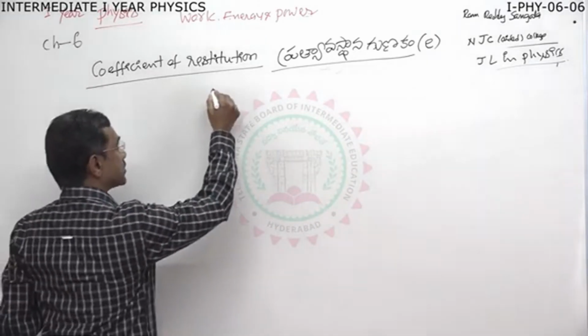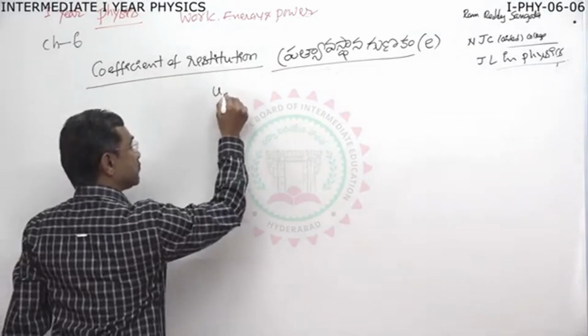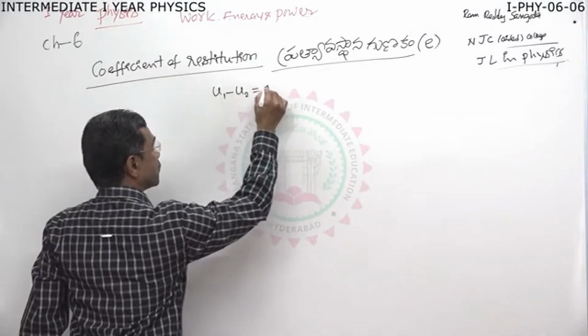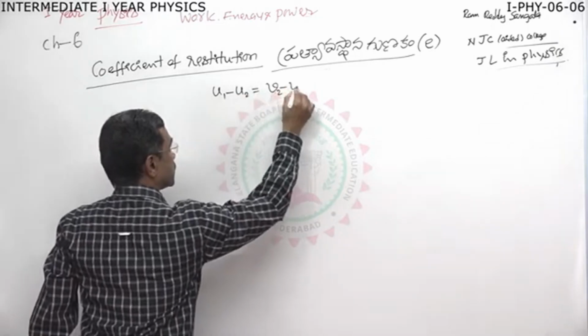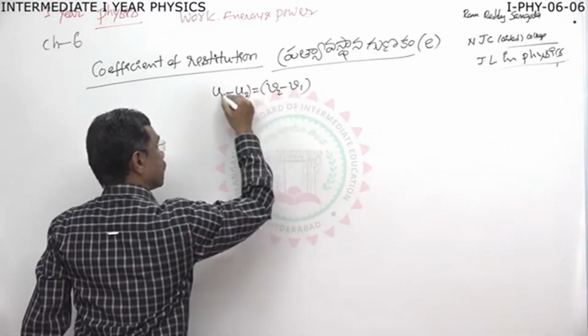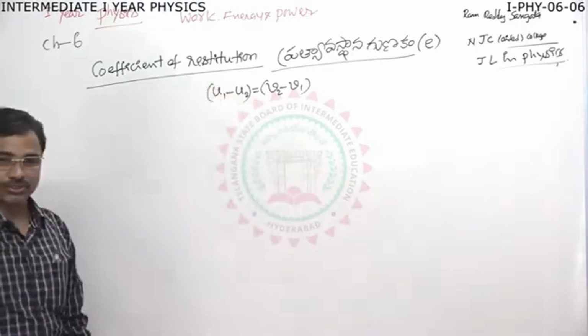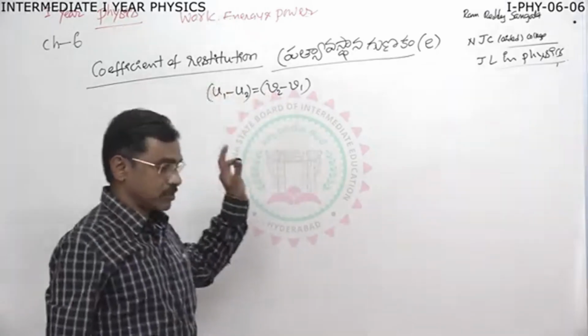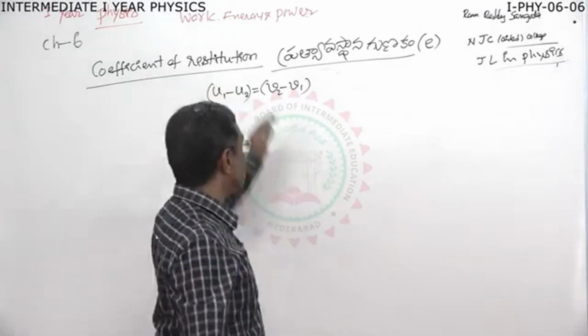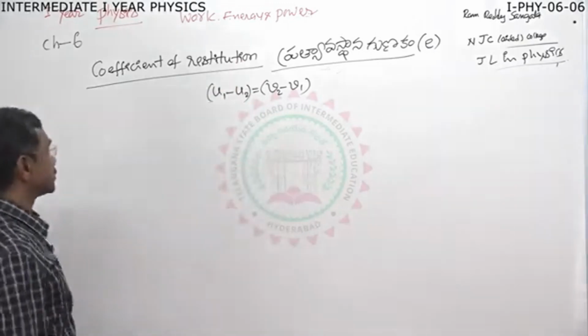As we already discussed in the previous class, the relative velocity of approach is equal to the relative velocity of separation in case of one dimensional elastic collision. This is very useful for subsequent discussion, even for coefficient of restitution as well.